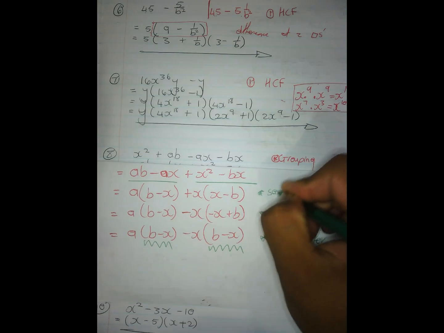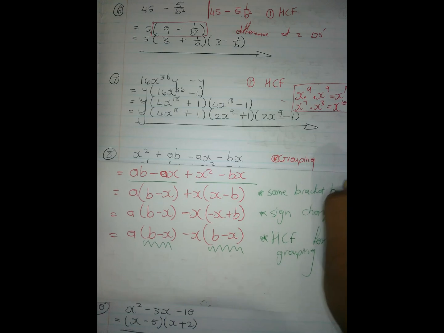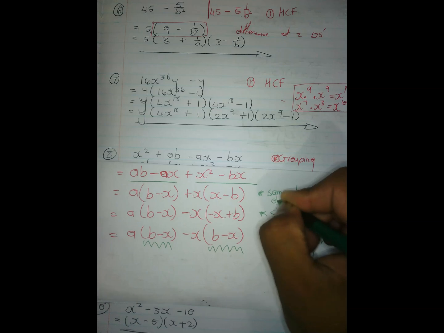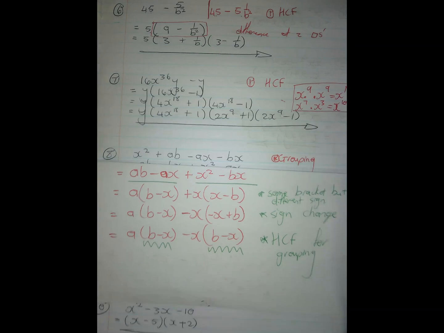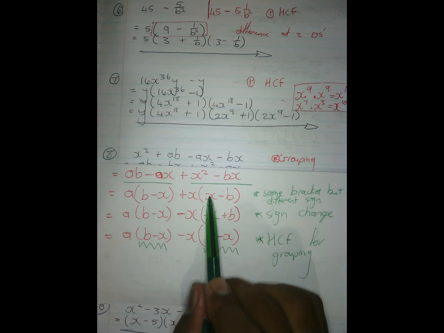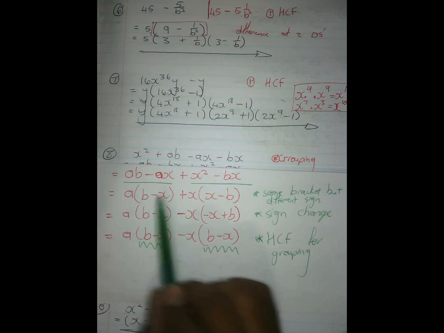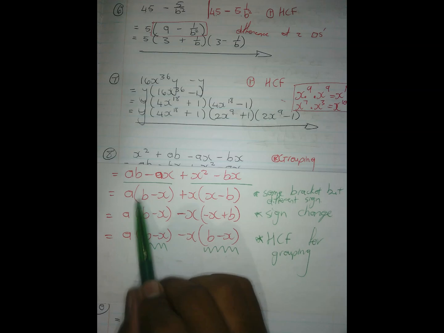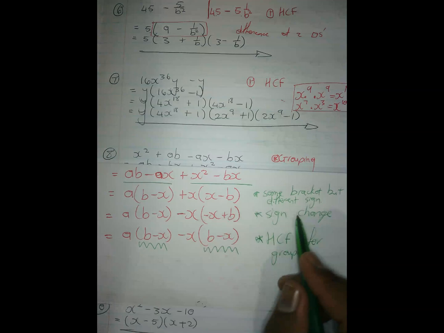Here is the same bracket, but different sign. And that's acceptable to us, right? The same bracket, but there's a difference of signs. This X is positive, that's negative. That B is negative, this B is positive. It's acceptable because I can change the sign in the next step by doing this.